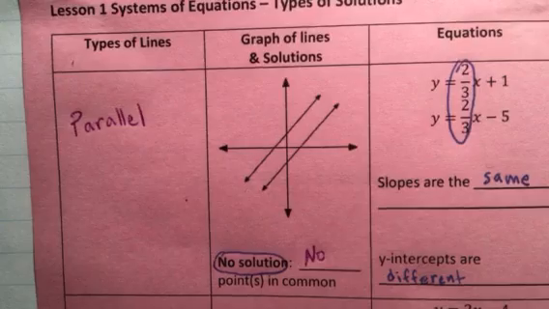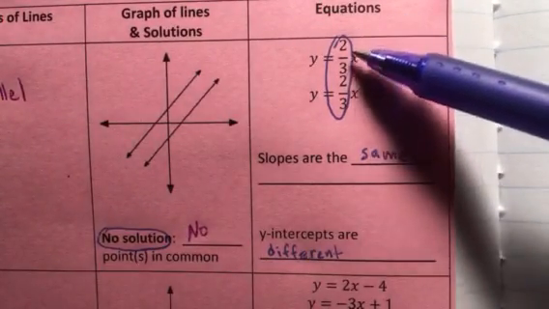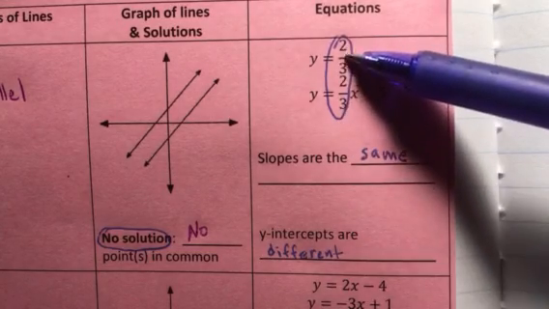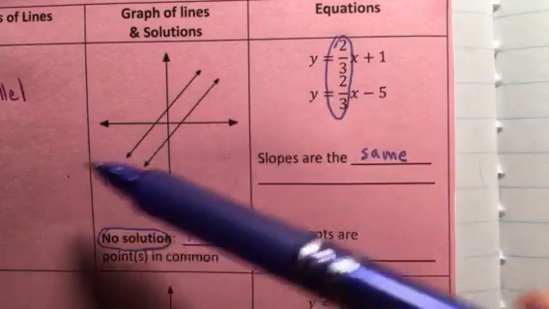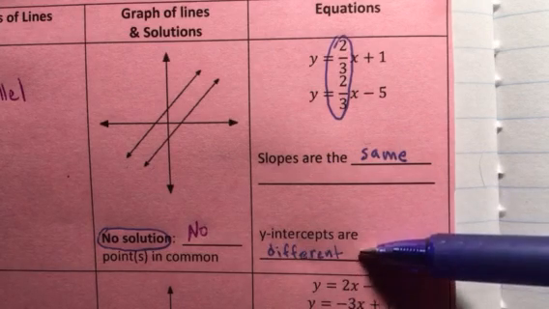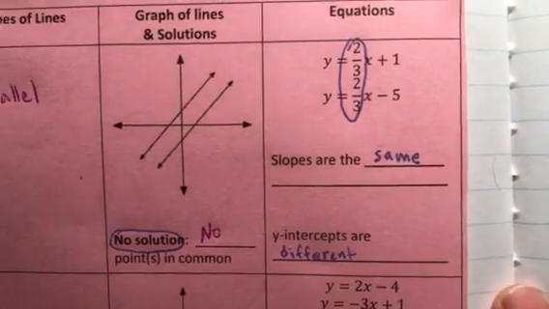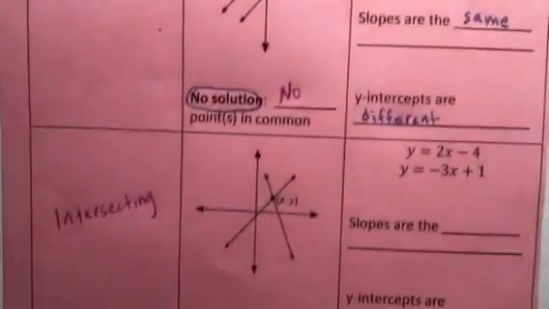If you're looking at the equations, your slopes are the same. Here this slope is 2/3, and this is 2/3. So in a no solution, your slopes are the same.